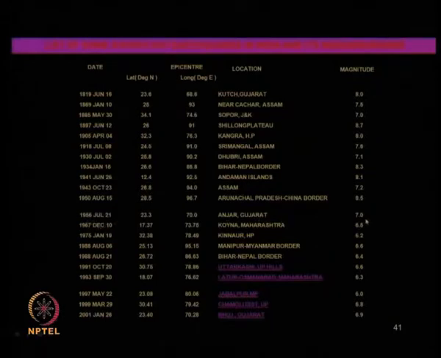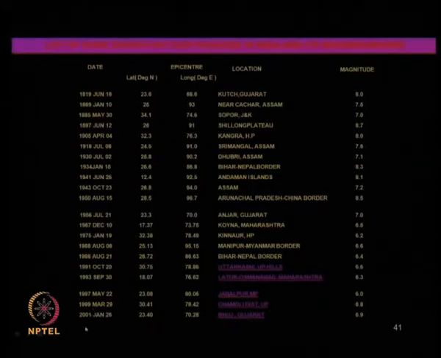1956 Anjar Gujarat earthquake of 7, 1967 Koyna earthquake in Maharashtra, 6.5, 1975 in Kinnaur in Himachal Pradesh, 6.2, 1988 Manipur earthquake, 6.6, again in 1988 the Bihar Nepal border earthquake, the 1991 Uttarkashi earthquake, then the 1993 Latur earthquake, the 1997 Jabalpur earthquake, the 1999 Chamoli earthquake, and the 2001 Bhuj earthquake.